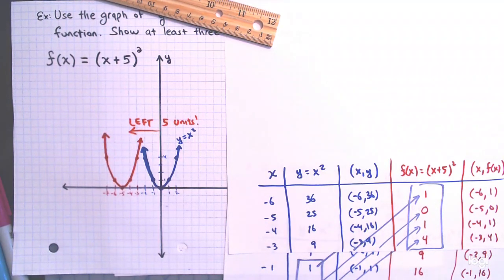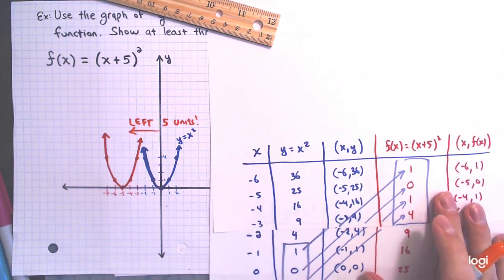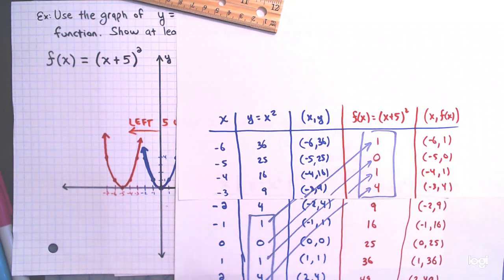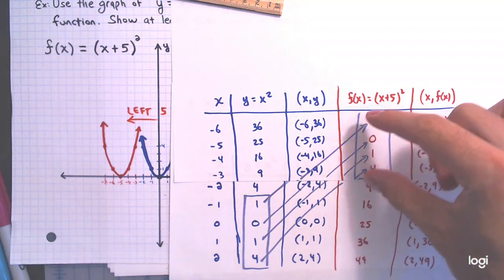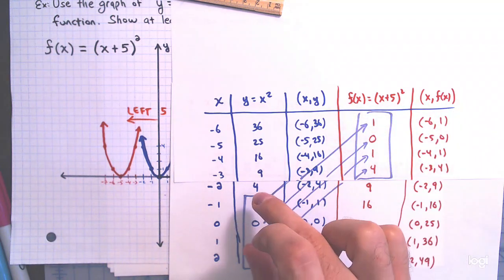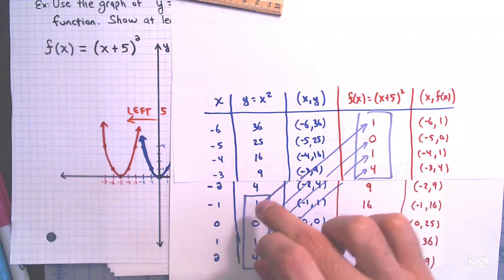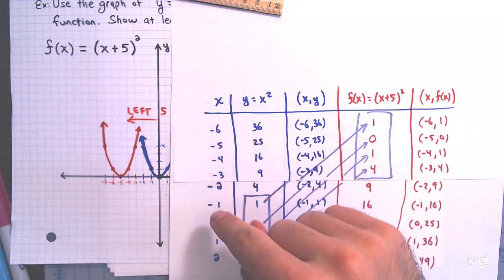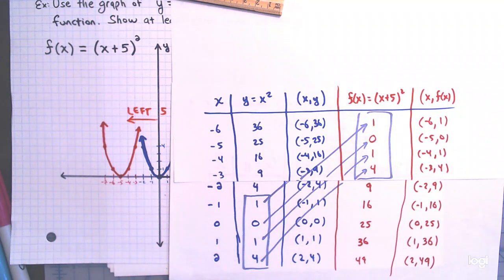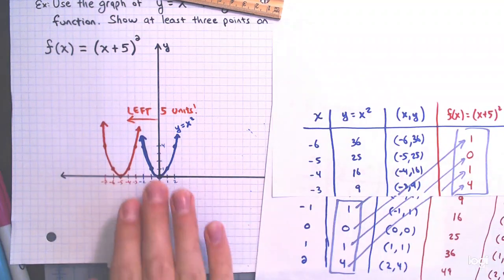All right. So hopefully you saw it in the table here with the shift. Right, I saw a pattern in the outputs, and it's just simply the blue graph just simply got shifted left 5 when you look at the inputs, and you can very easily see it in the graph.